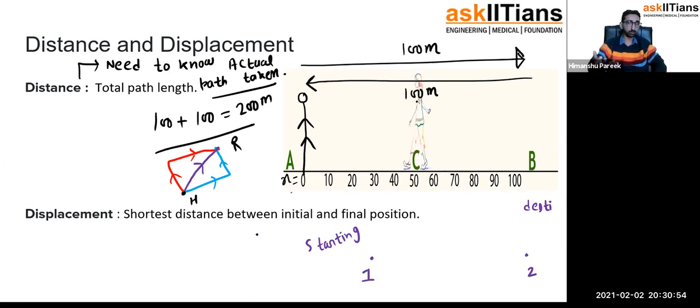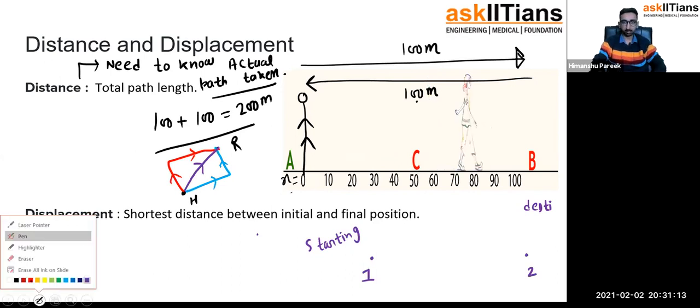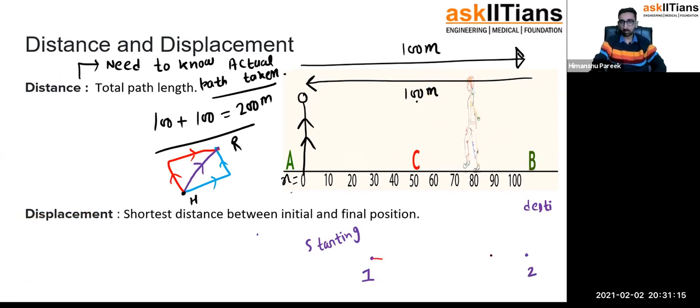Would it be a curve? Can it be? It can never be a curve. Always remember, the shortest distance between two points is always a straight line.